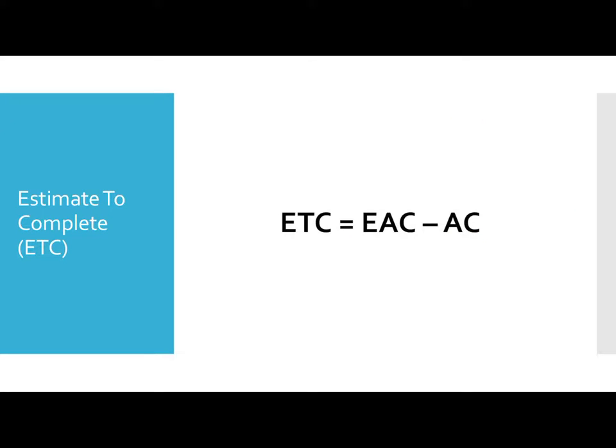Then estimate to complete is nothing but estimate at completion minus actual cost. So how do we come up with this formula? It comes from: estimate at completion is nothing but actual cost, wherever you are today, how much money you have spent today, plus the new budget, the new money that you're going to get.